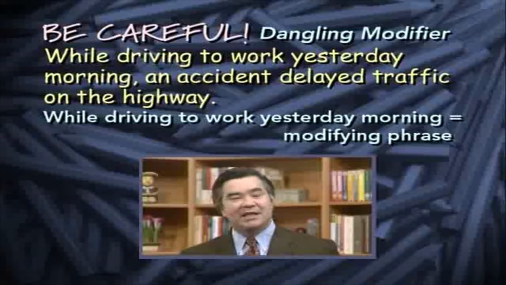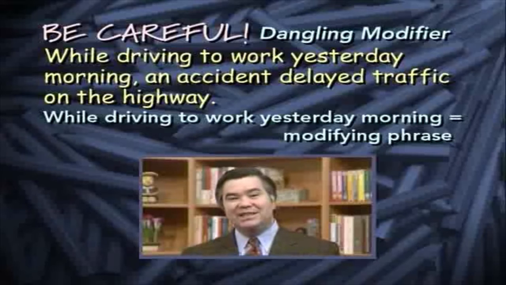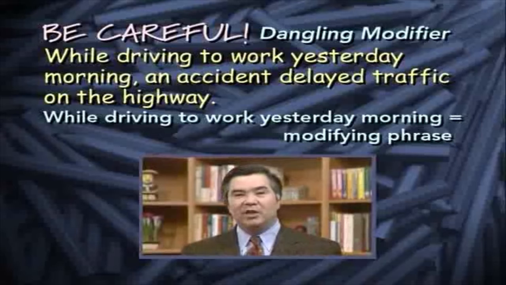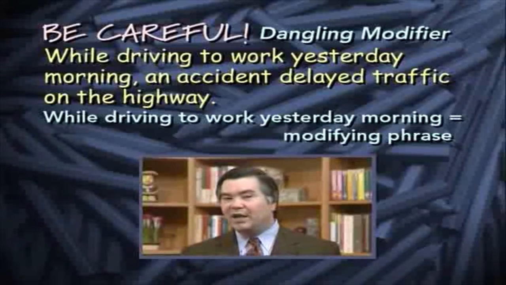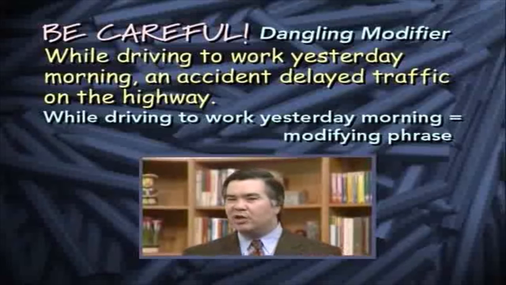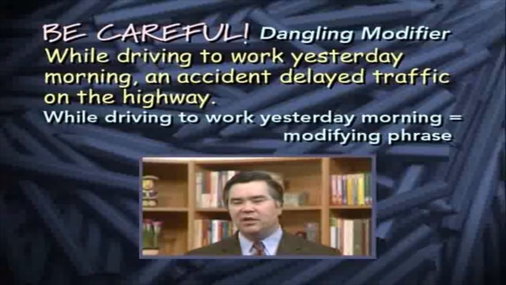The problem is that that modifying phrase doesn't link up to any word or words in the rest of the sentence. Think about it for a moment. Who is being described in that modifying phrase? While driving to work yesterday morning, who? Who was driving to work yesterday morning? The rest of the sentence says, an accident delayed traffic on the highway.